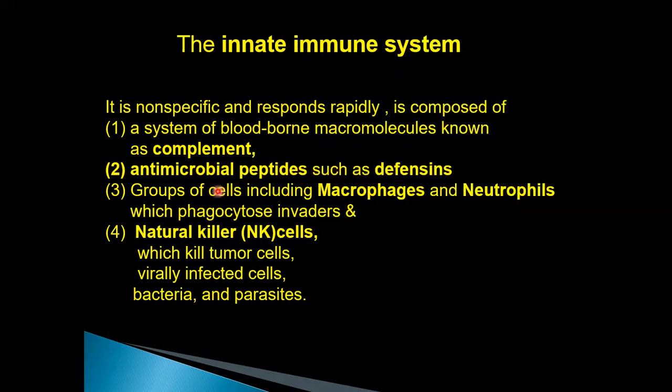Number three, the innate immune system includes the macrophages and the neutrophils. When I say neutrophils, I mean mainly the neutrophils, but it actually includes all granulocytes. So the macrophages and all granulocytes are included in the innate immune system. And then there is one kind of cell called the natural killer cell. The natural killer cells are a kind of T cell, like the cytotoxic T cells.